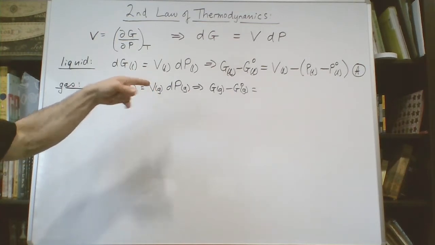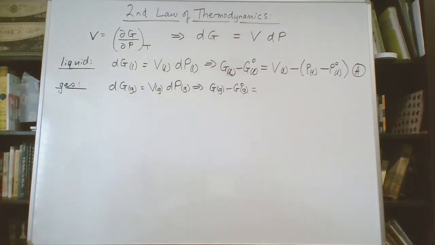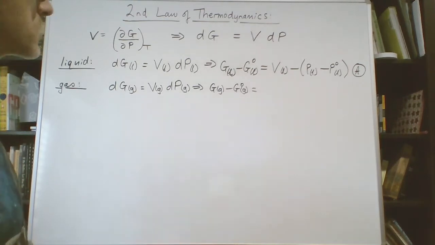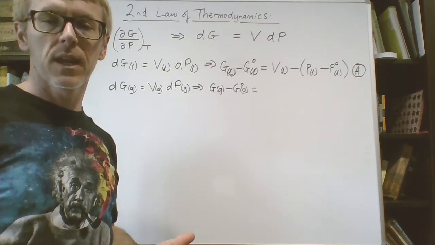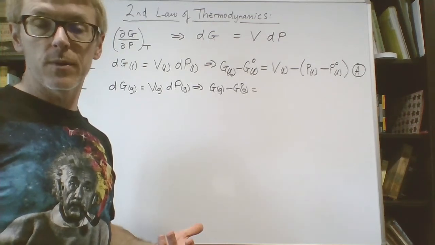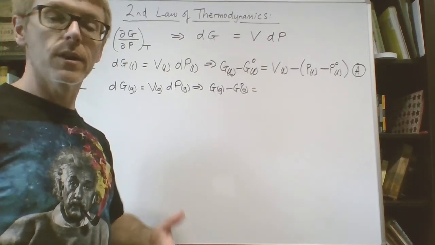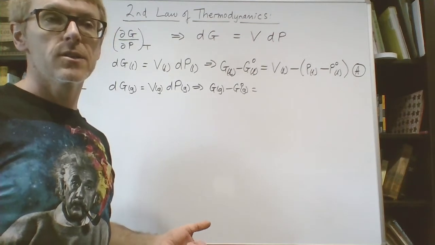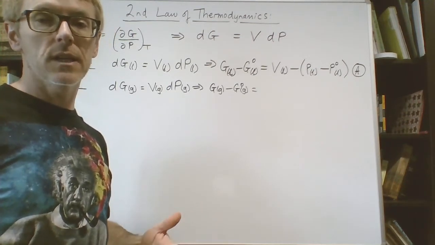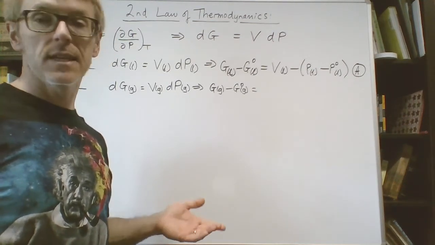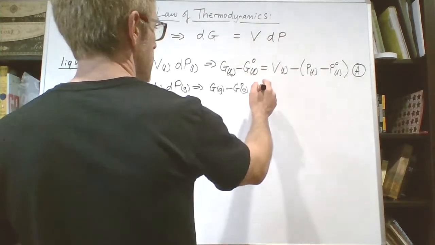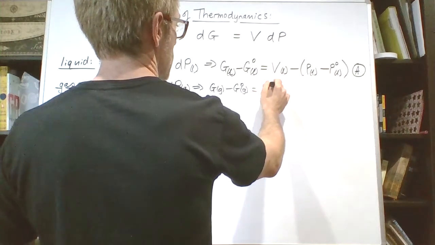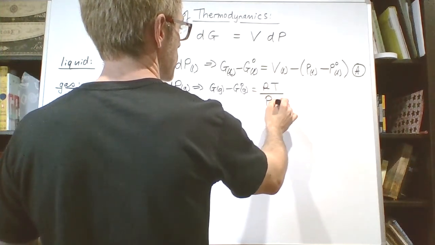But rather than write volume, we're going to normalize it to 1 mole, and we're going to assume ideal conditions. So PV is nRT. n is 1 because we're assuming 1 mole. So we've just got PV is RT. So V is RT over P. So V of the gas is now RT over P of the gas.